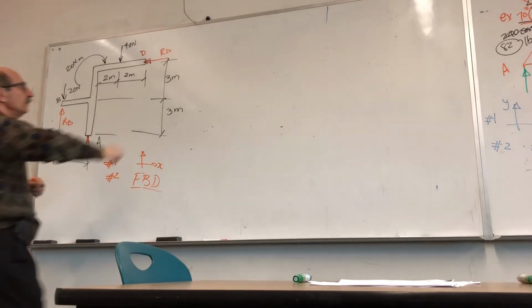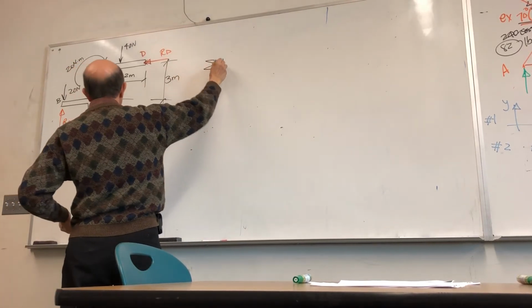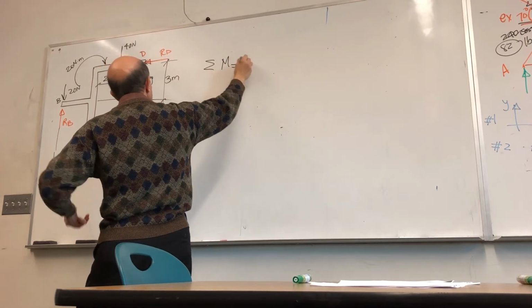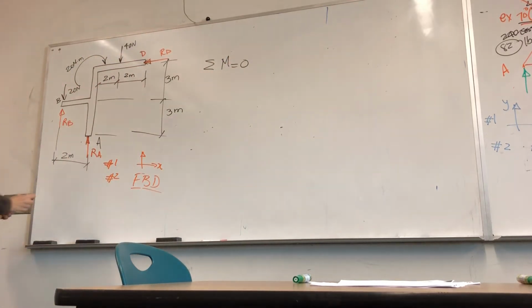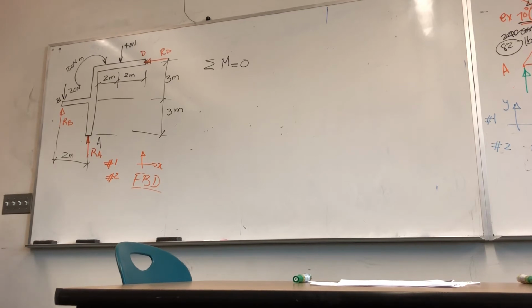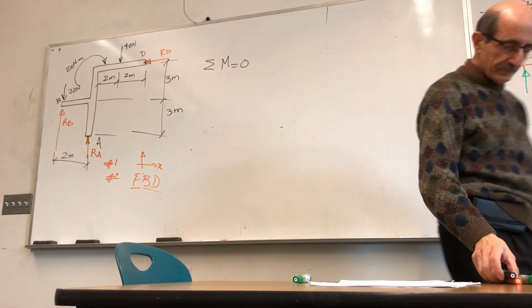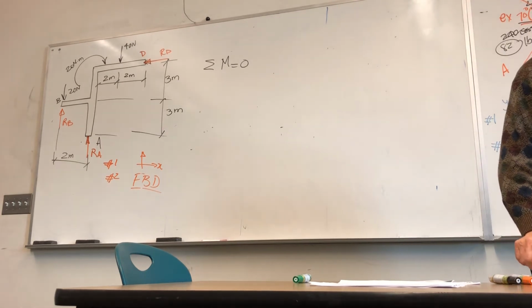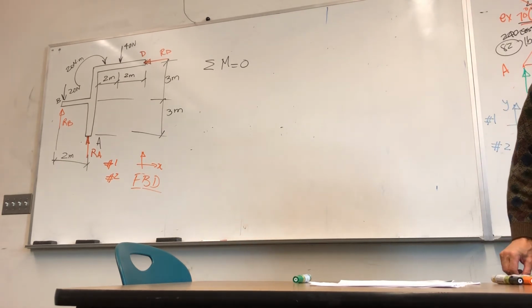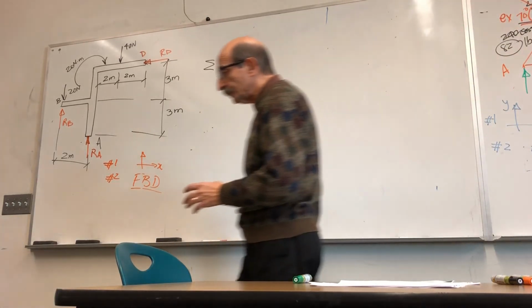So if I write summation of moments equal to 0, I just want to start with that, okay? Although in this problem you don't have to, I intentionally am doing that. Where should I take the summation of moments so that I end up with only one unknown? Remember the concept, you take summation of moments about the point where 2 unknowns intersect.